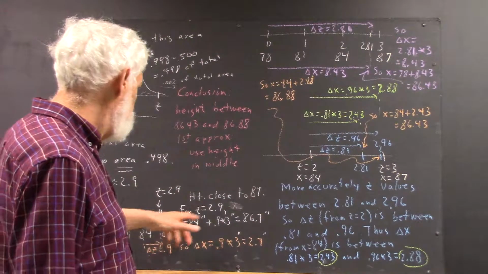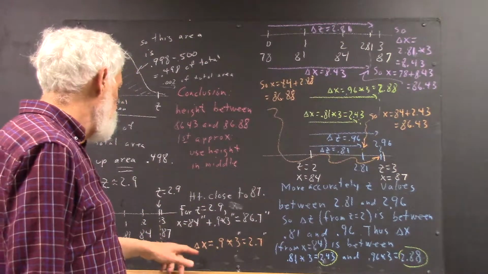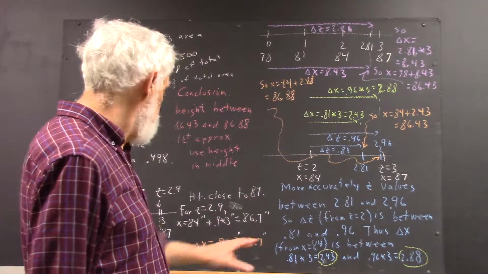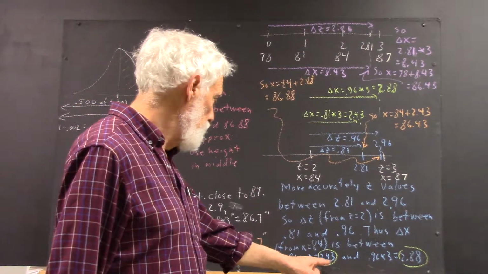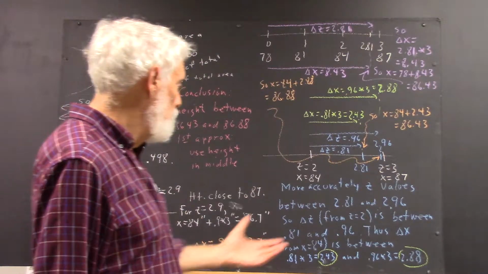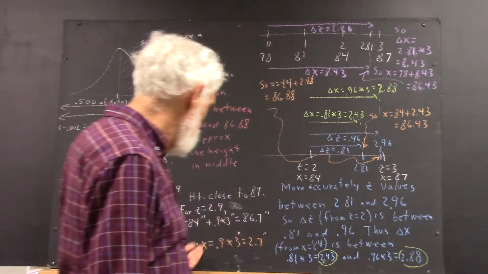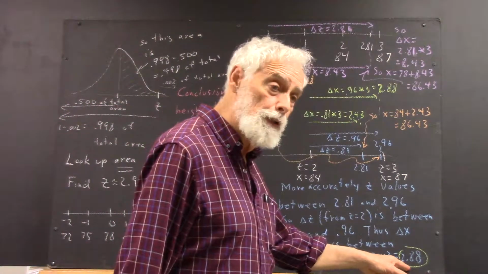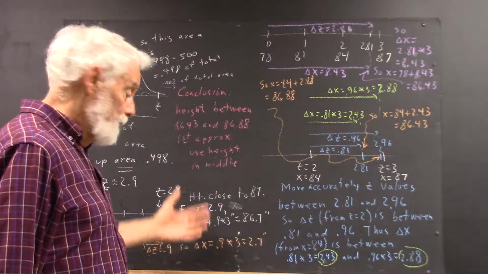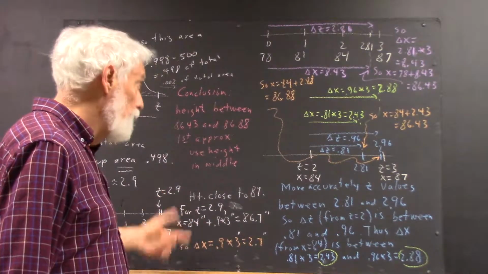So, when z was 2.9, our change in x was 2.7 inches. Now, z is a little less than that, 0.81, the change is only 2.43 inches. And if z is 2.96, then we're going to get a little more than this. We're going to get 2.88 inches, but the calculation is done using the same intuitive reasoning that we used here.